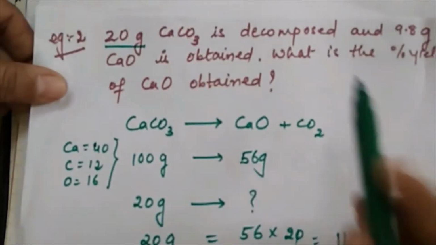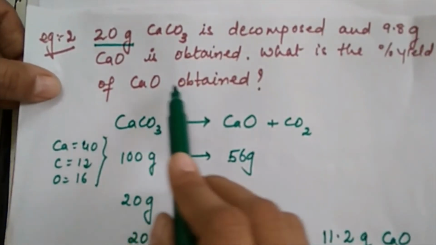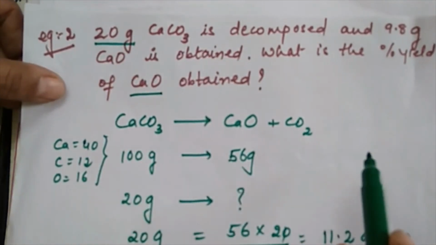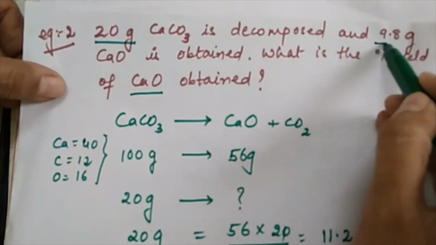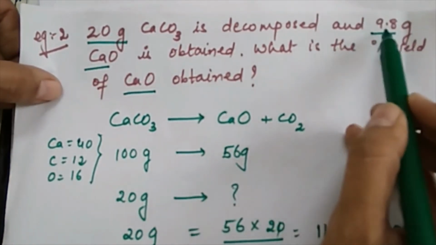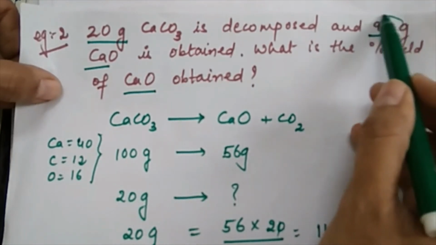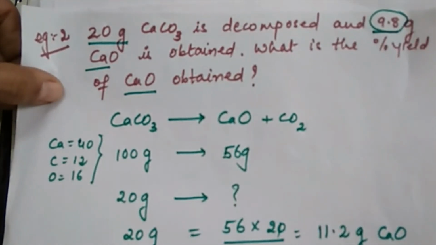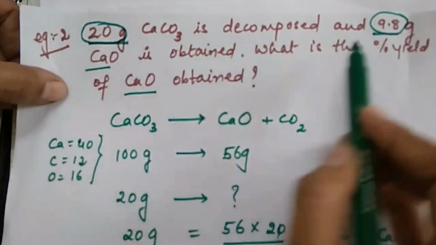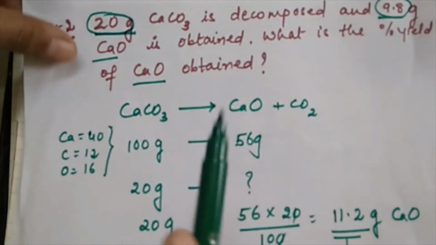Now we have to calculate the percentage yield of calcium oxide obtained when 20 grams of calcium carbonate is decomposed and 9.8 grams of calcium oxide is obtained. The practical yield is given already here: 9.8 grams. On decomposition of 20 grams of calcium carbonate, it gives 9.8 grams.